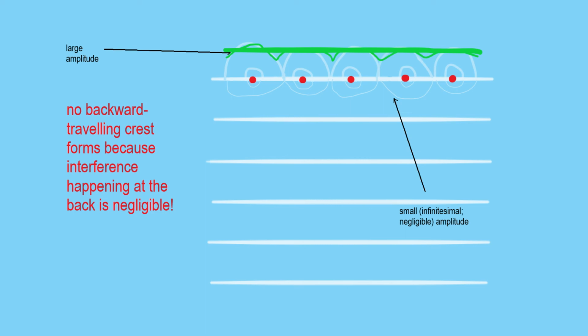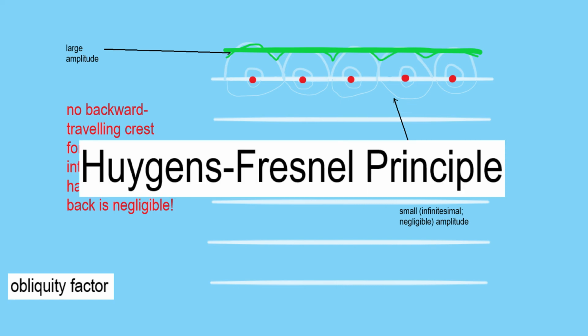And hence, we do not observe any interference or backward traveling waves. This idea is called the Obliquity Factor, and the combined contributions of Fresnel and Huygens in trying to explain why diffraction is a thing is called the Huygens-Fresnel principle.